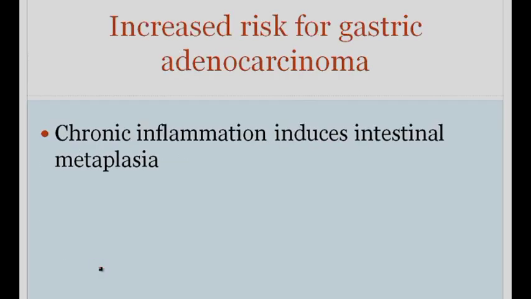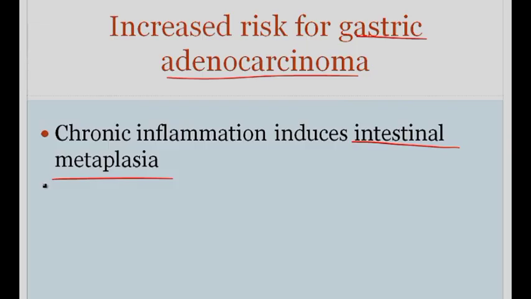Now, these patients will also have an increased risk for gastric adenocarcinoma. The idea here is that the chronic inflammation is going to induce something called intestinal metaplasia. And when you get intestinal metaplasia, that is a pathologic metaplasia, which will have an increased risk for the development of cancer. Let me take a step back and remind you that normally, if you were to look at the wall of the stomach, there would be no inflammatory cells.